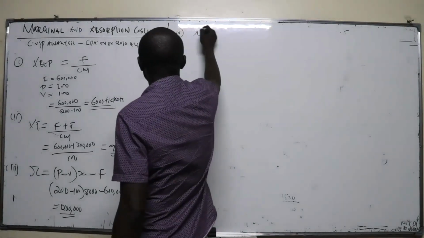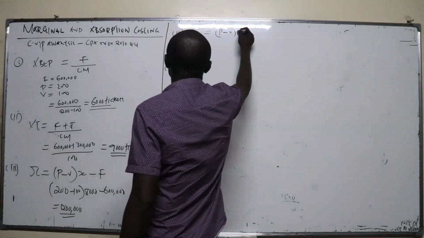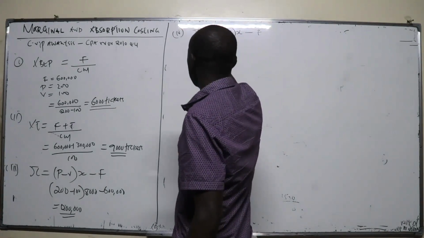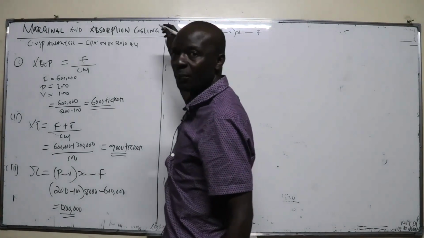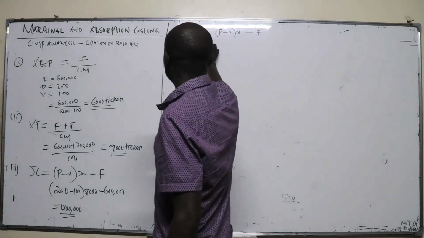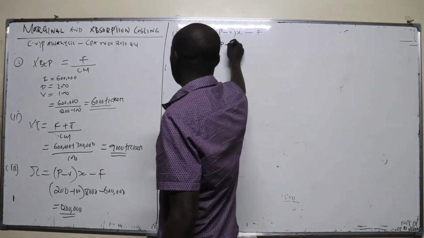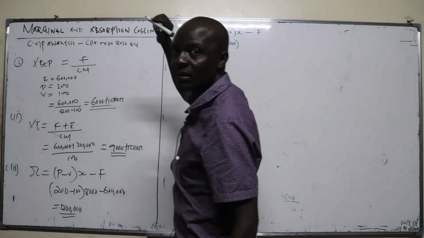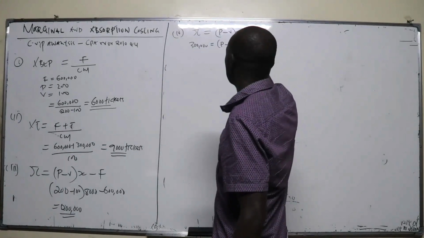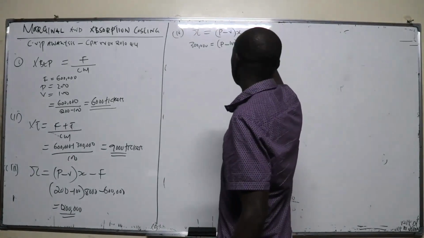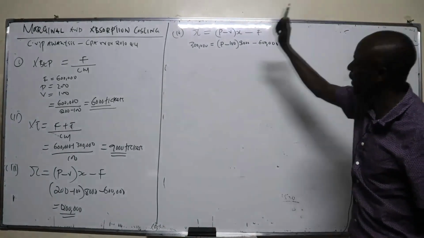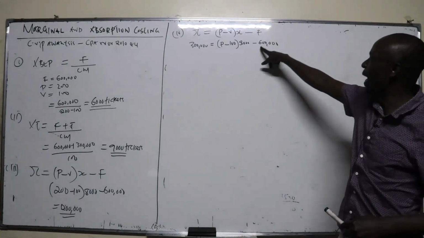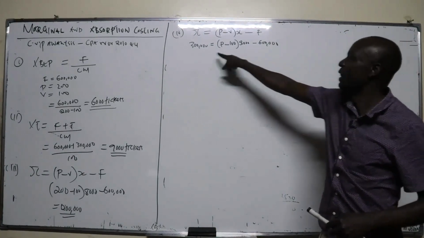It is still profit: profit is P minus V, multiplied by X, minus F. What will be the selling price if the profit is 300,000, the variable cost remains 100, the number of units sold is 8,000, and the fixed cost is 600,000?